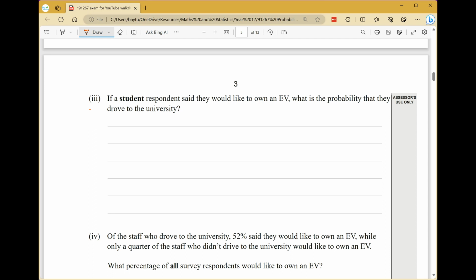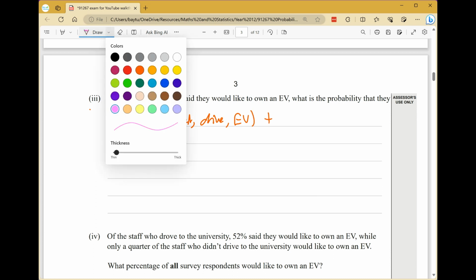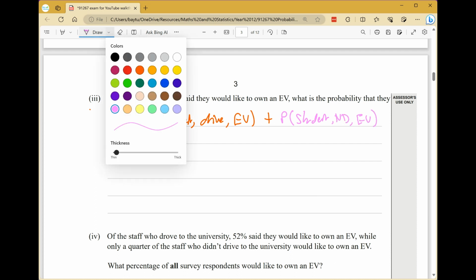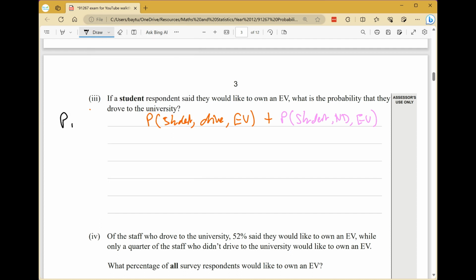Because if we add those together, so the probability that they are a student who drives to the university who wants an EV, if we add that to the probability that they're a student who doesn't drive, who wants an EV, that will calculate the probability that a student wants an EV.